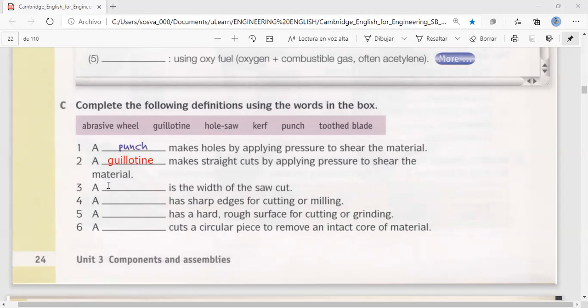No, I don't know what curve is. That's the answer. Curve.